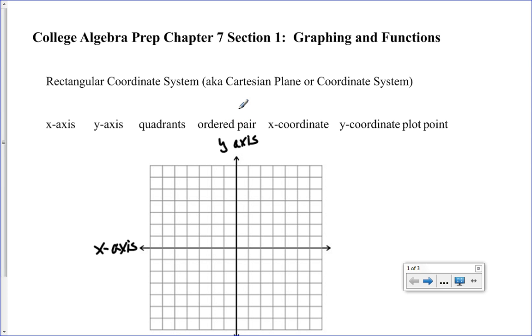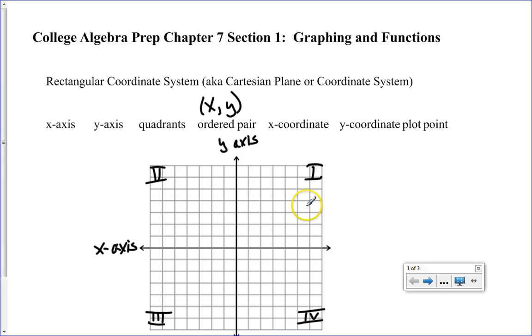Okay, so these are our coordinates, our quadrants. It's broken into 4 sections. This is quadrant 1. This is 2, this is 3, and quadrant 4. We also have ordered pairs, and ordered pairs usually are written with an x value first and a y value second, right?